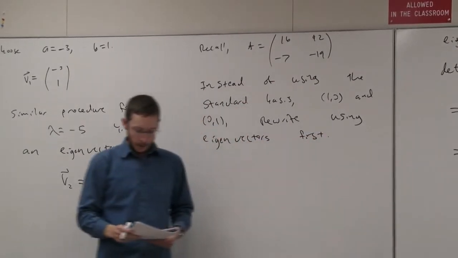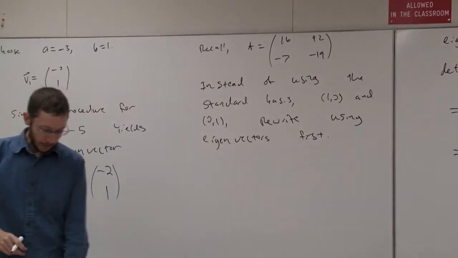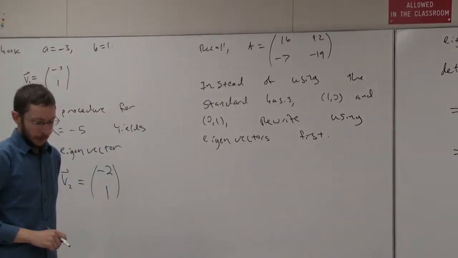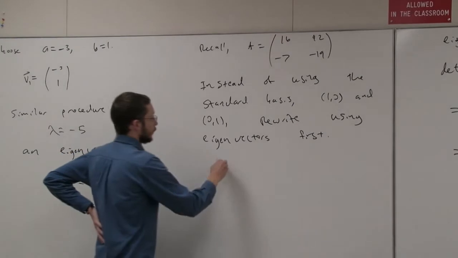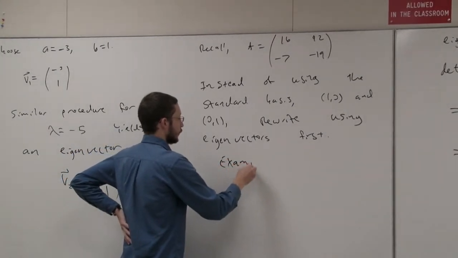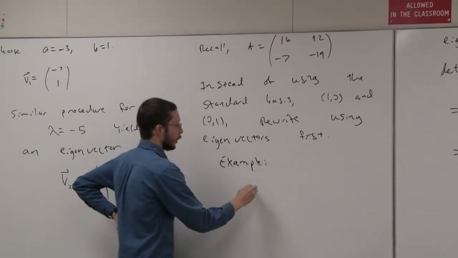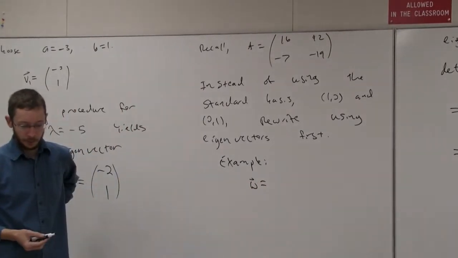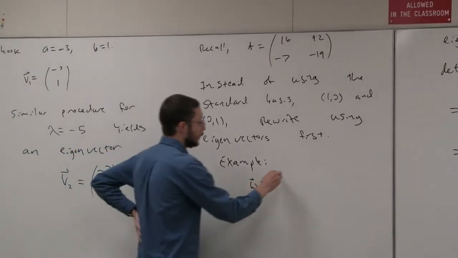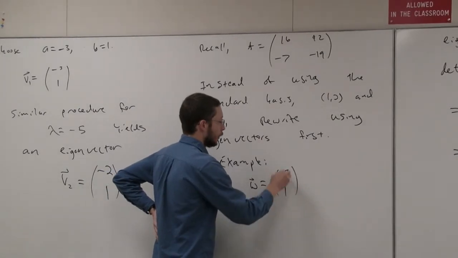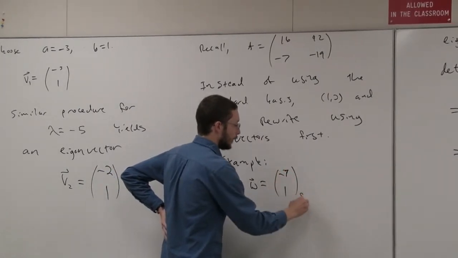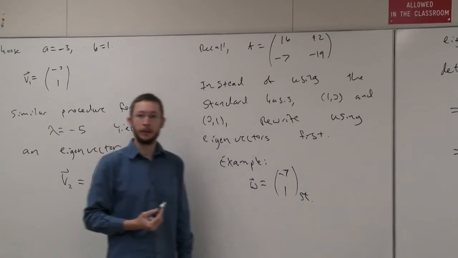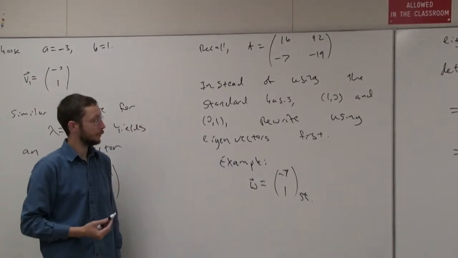Okay. And so, as an example, let's consider this vector W, given by -7, 1, where we're writing this in terms of the standard basis, right?